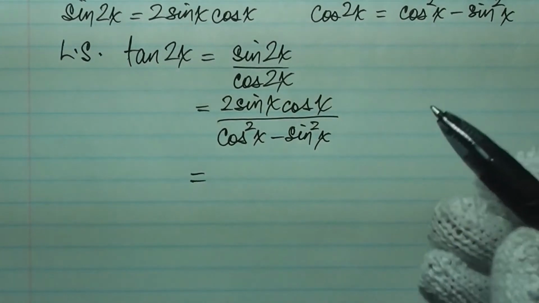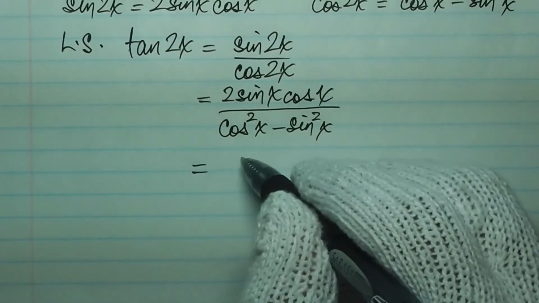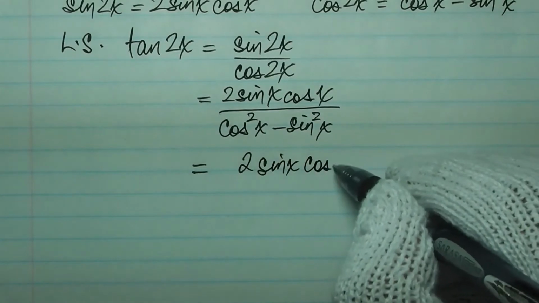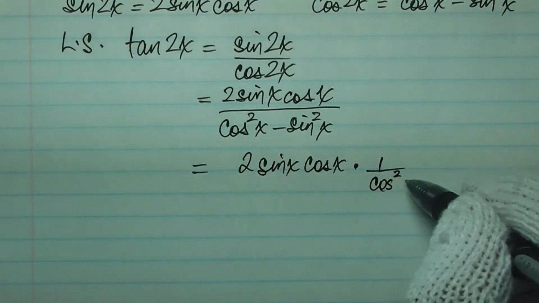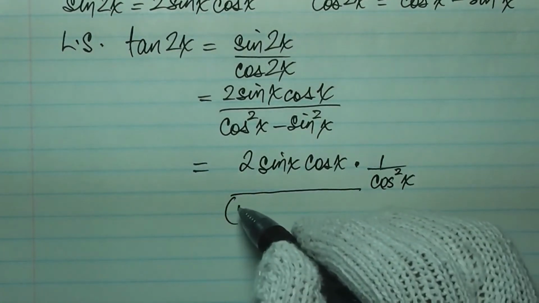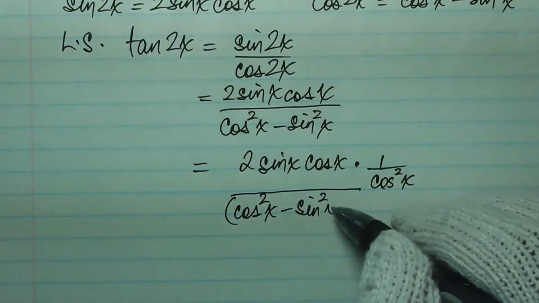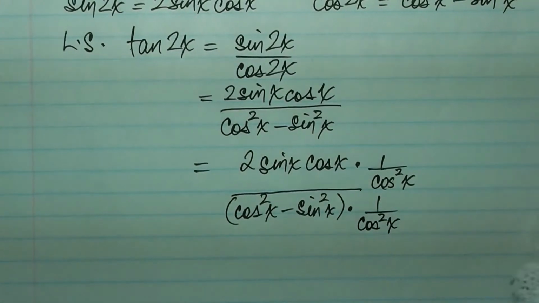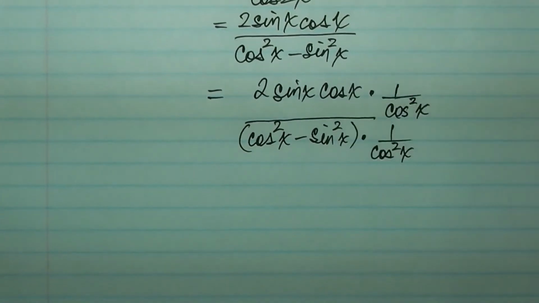Now, what I'm going to do is multiply top and bottom by the same thing. But before I do that, I'm going to say 2 sine x cos x. I'm going to multiply by 1 over cos squared x. But if I do that to the top, I also have to do that to the bottom. Because by multiplying top and bottom, essentially I'm not changing the fraction.